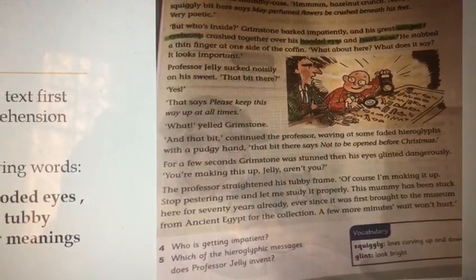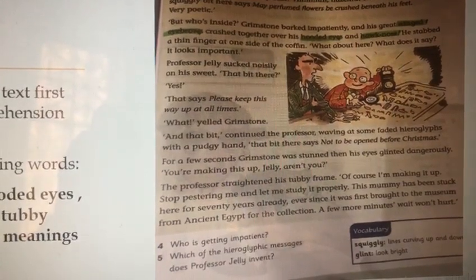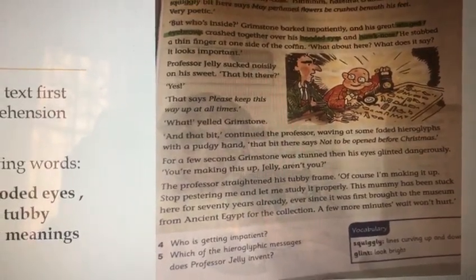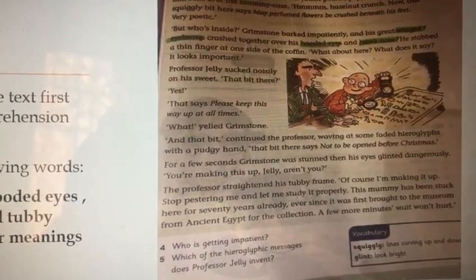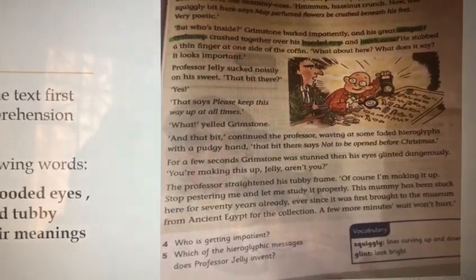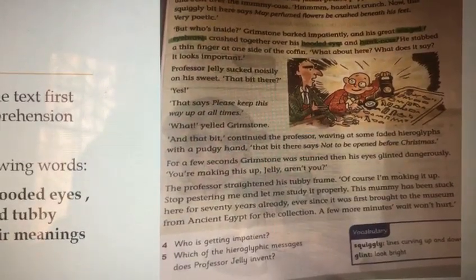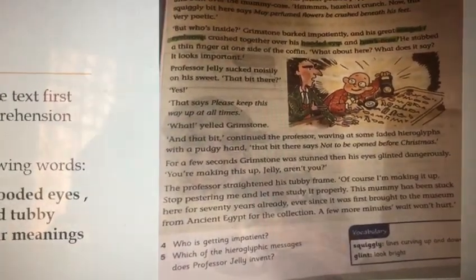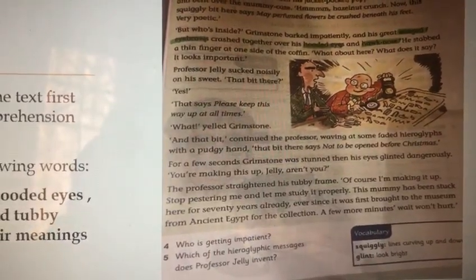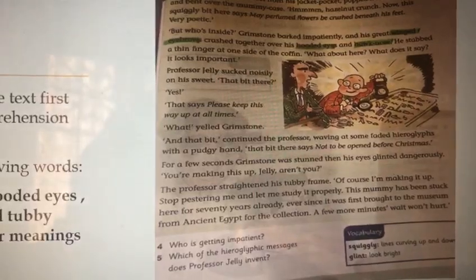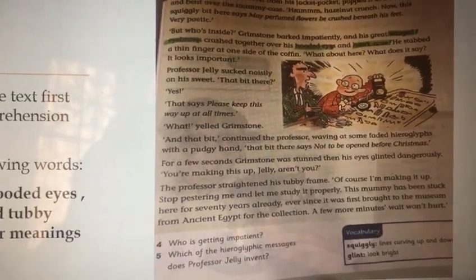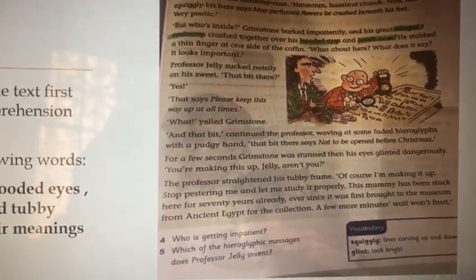And what about Professor Jelly? Professor Jelly is the man with the orange jacket. Look at his face. His face is rounded like the moon, and he has a tubby frame, and his hands are very pudgy, unlike Grimston.